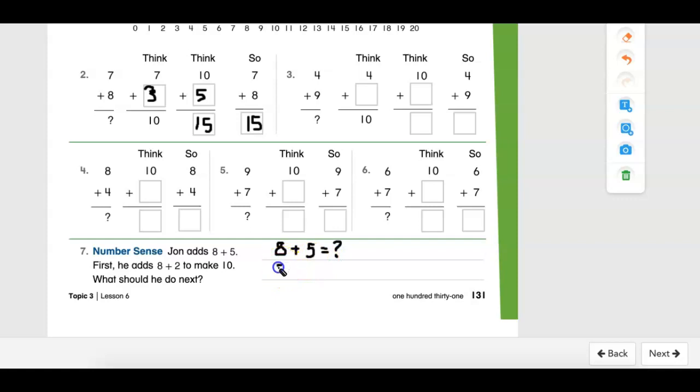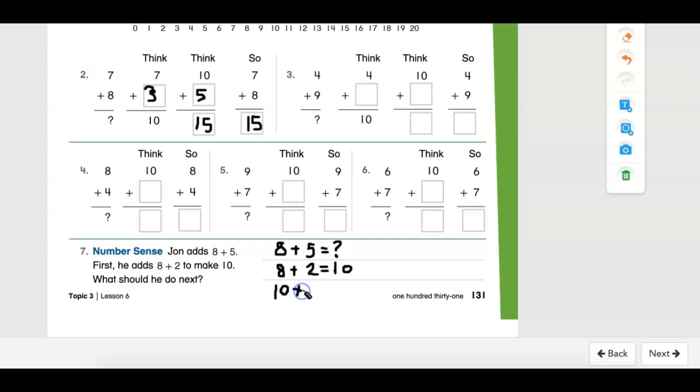So we will write 8 plus 2 equals 10, because it told us that John made 10. Well, remember that we are adding by 5.